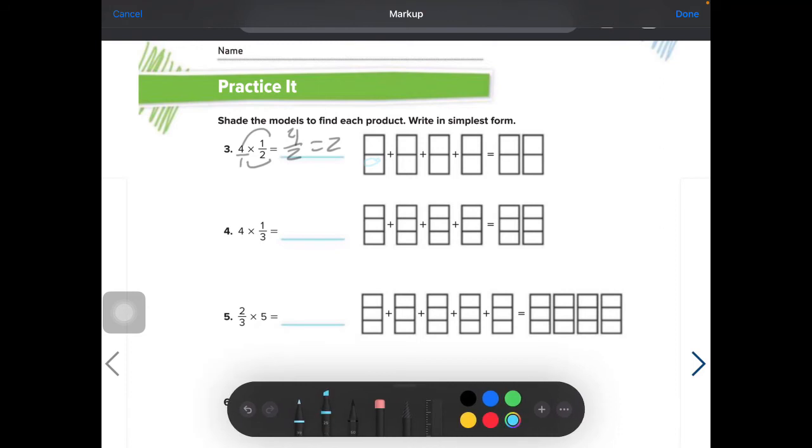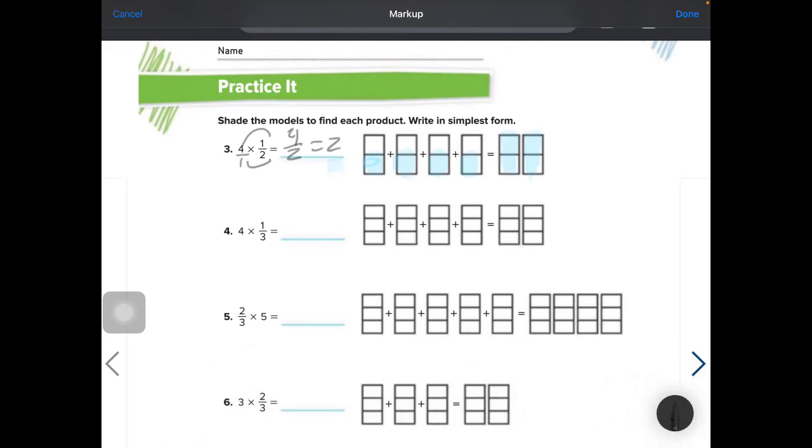So how you're going to shade that one is that you have a half. I need to get my little highlighter out here. You have a half, plus a half, plus a half, plus a half, and that's going to shade in 2 full sections, and our answer is 2, which is exactly what we needed.